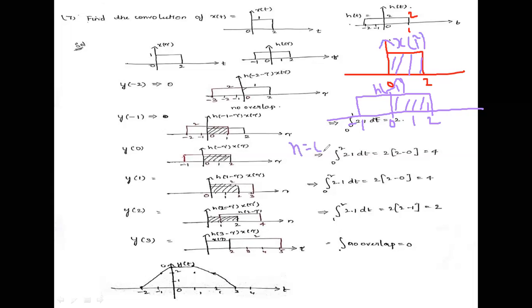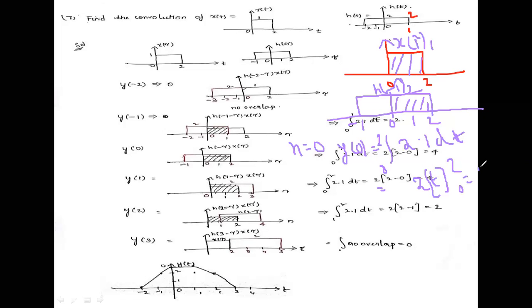When n is equal to 0, y of 0 is equal to, what is the range here? 0 to 2 under the integral. Magnitude of h is 2, magnitude of x is 1. So 2 into 1 into dt, or d tau. Let us take dt here. 2 into t with the limits 2 and 0.